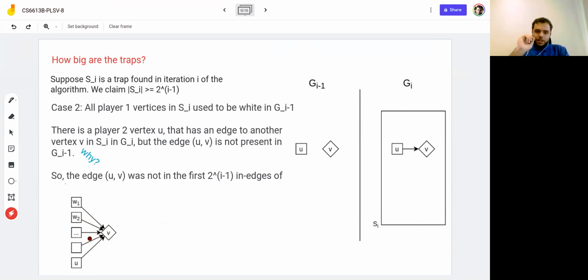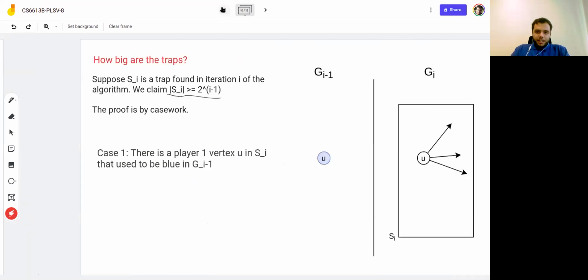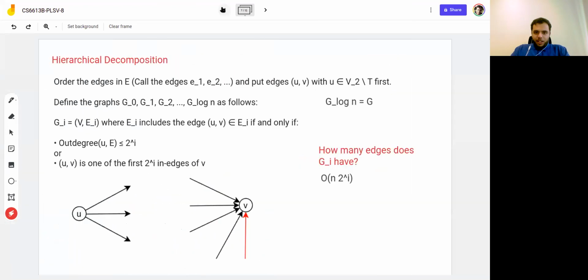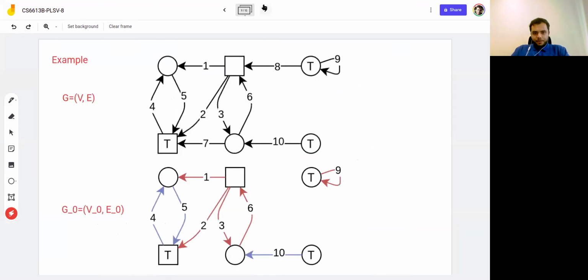But what was the ordering of the edges? This is where I'm using that assumption on the ordering of edges. I ordered my edges in a very specific way. I said that if u is a player 2 vertex that is not a target vertex, I put the edges that go out of u first.